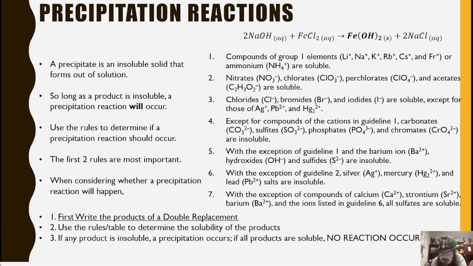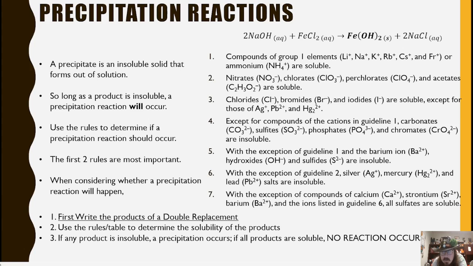Carbonates, sulfites, phosphates, and chromates are insoluble except where condition 1 occurs, which is group 1, the always solubles. So lithium carbonate is soluble. Sodium carbonate is soluble, but iron carbonate is not.